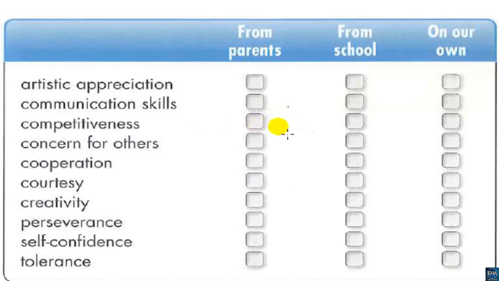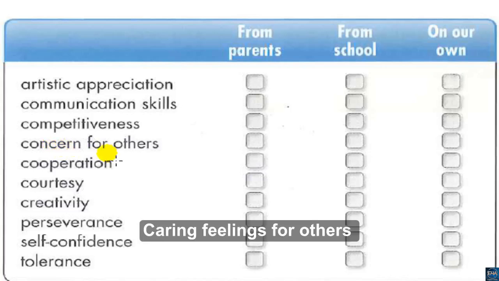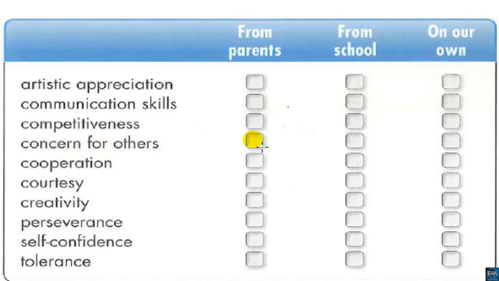From parents, from school, and on your own. Concern for others. Concern means you have caring feelings, good feelings for other people to help them. And this, of course, from parents, from the school.